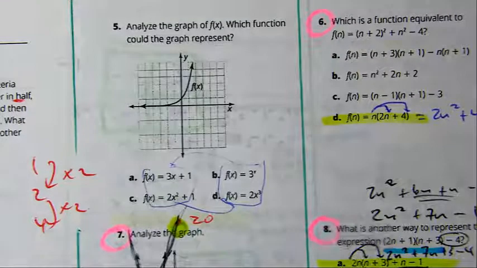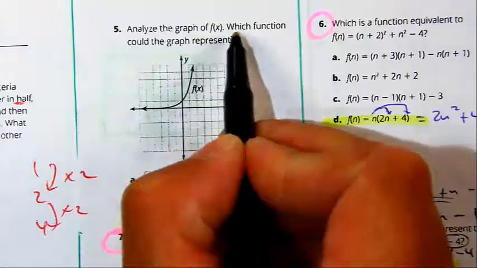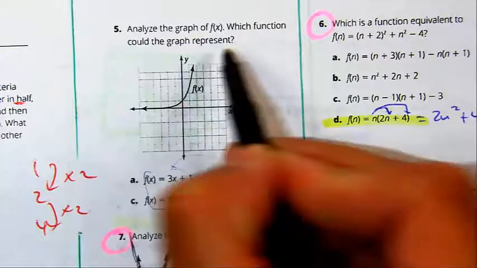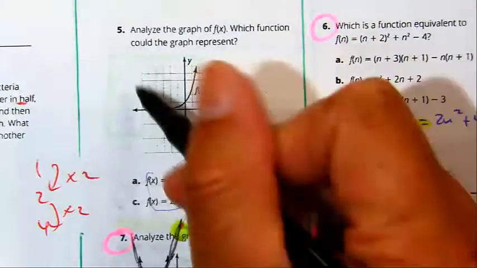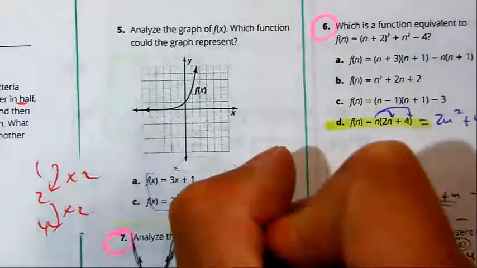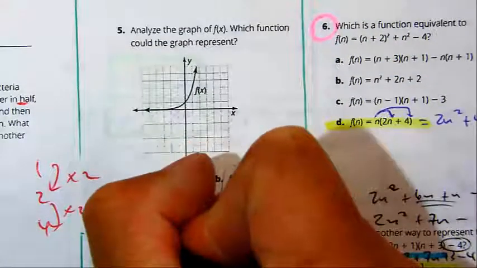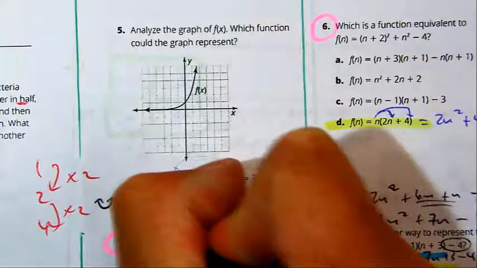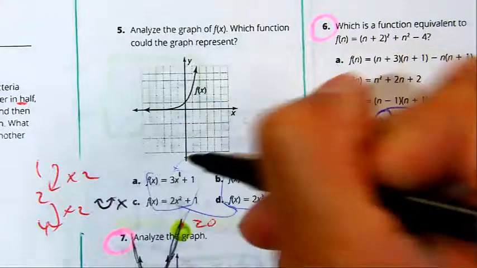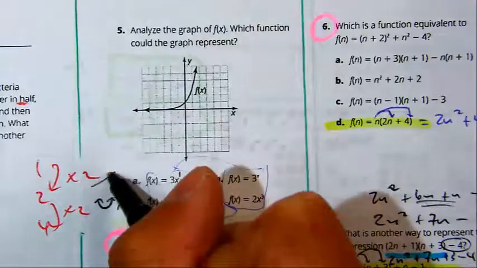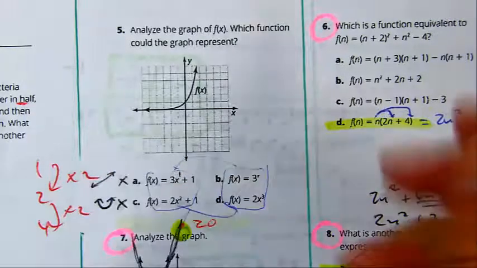Question number 5 says, analyze the graph of f of x, which could be the graph to represent. Well, if I look at my graph here, it's not a U. A U would be to the power of 2. So it's not C. This one has x to the first power, that's linear, just a straight line, not that one.